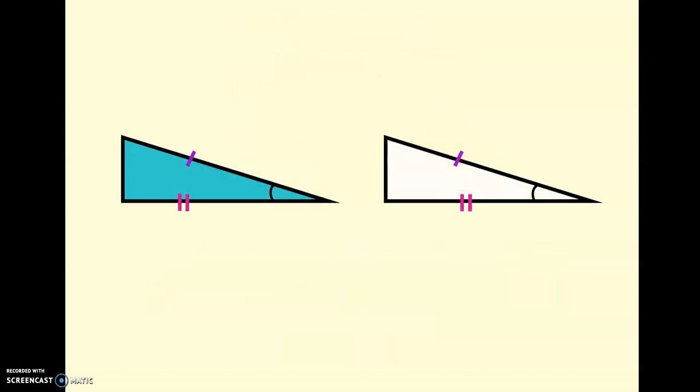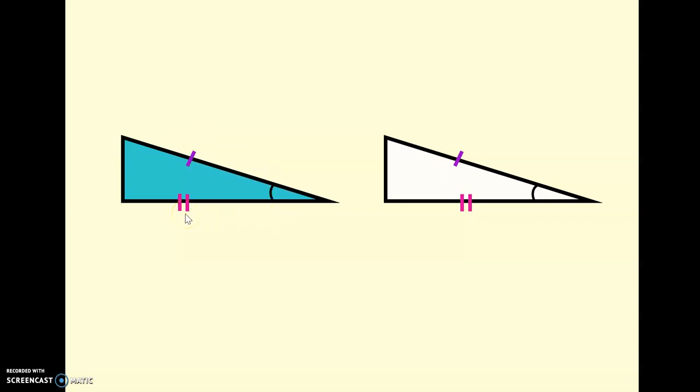All right, the next one looks like this. If you look, it has 2 sides and an angle. When we start naming the reason, it needs to be consecutive.